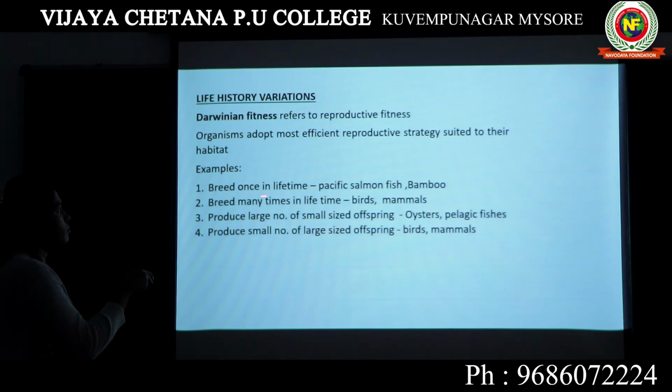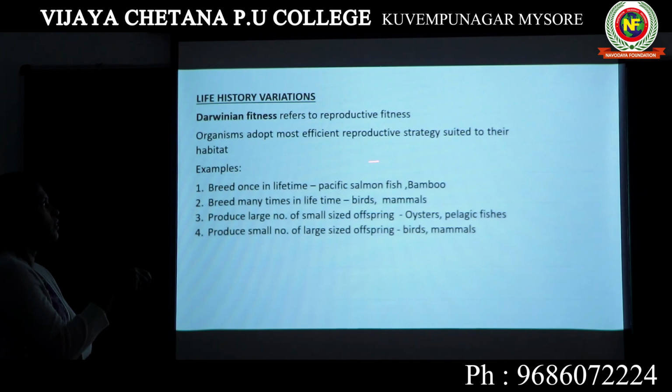There are organisms who will breed once in a lifetime. That means they will carry out sexual reproduction, produce offspring, and then they will die. This is what happens in a few organisms. A few organisms breed many times in a lifetime. That means throughout their lifetime they will carry out sexual reproduction and keep producing offspring.